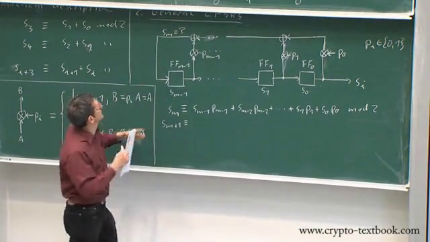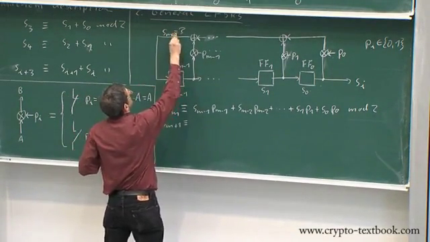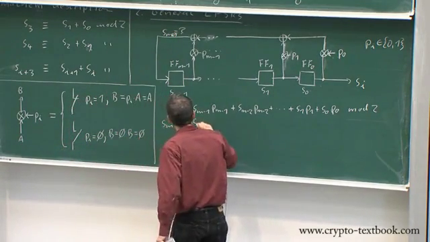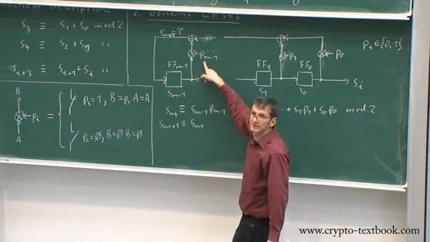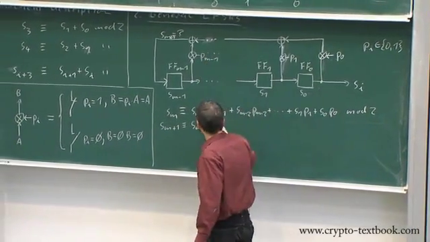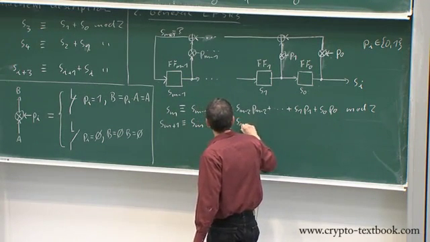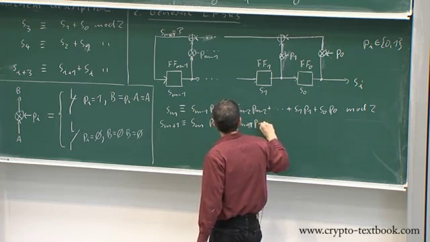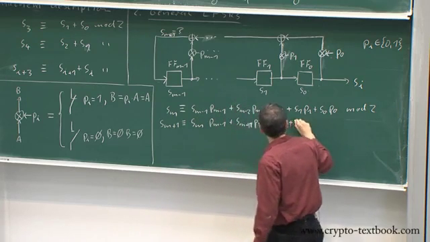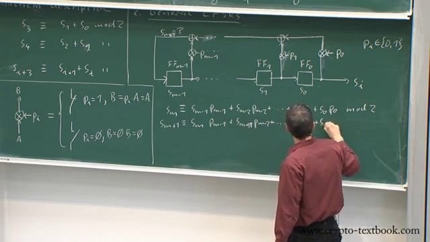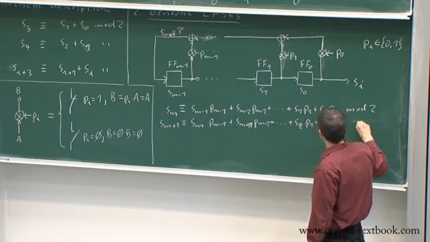So if you compute Sm plus 1 here at this point, well, you look, this contains an Sm, so this becomes Sm, but multiplied by the same P here, so the P stays the same. Plus S2 P1 plus S1 P0 modulo 2.